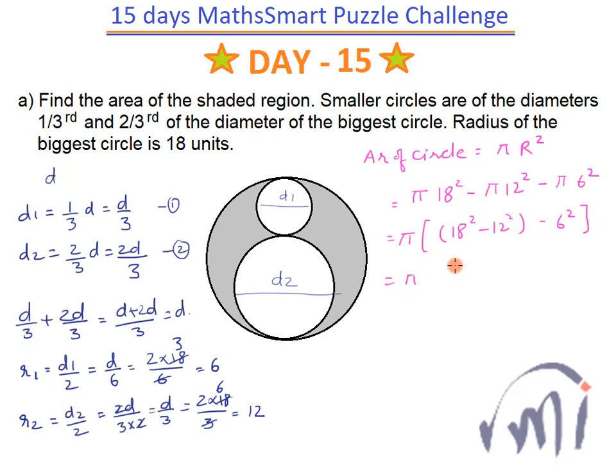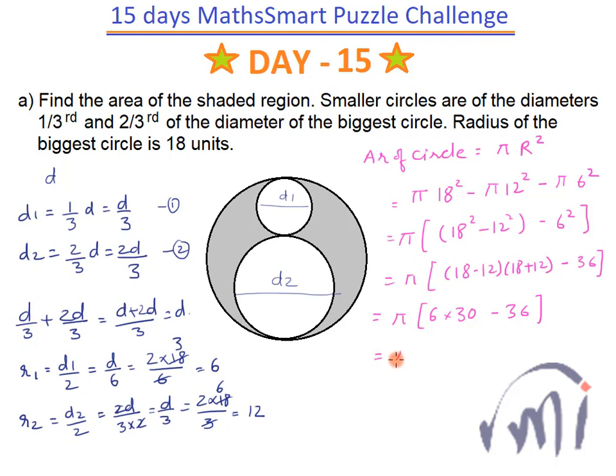Here I can apply the formula of a square minus b square. So this will be 18 minus 12 multiplied by 18 plus 12, minus 6 square is 36. So this will be equal to pi multiplied by 18 minus 12 is 6, multiplied by 18 plus 12 is 30, minus 36.